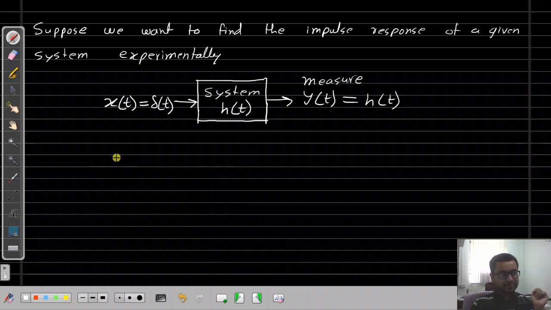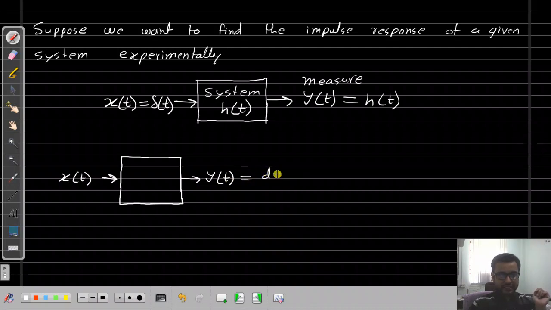Consider a system which works in the following way. It takes a signal xt and produces output which is same as the derivative of the input. So this you can call a differentiator, d/dt. So this is the operation that this system does on the input signal.